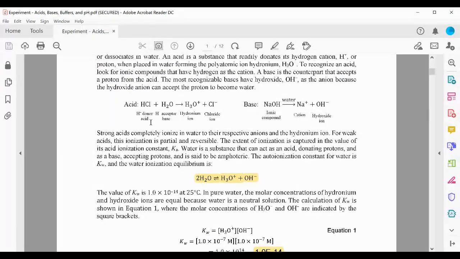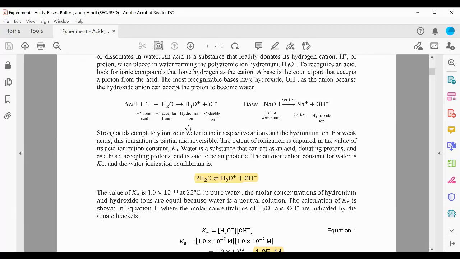So this is the Bronsted-Lowry definition, that an acid donates a proton. It's written here, the proton combined with water. At this point, you already are familiar with that.